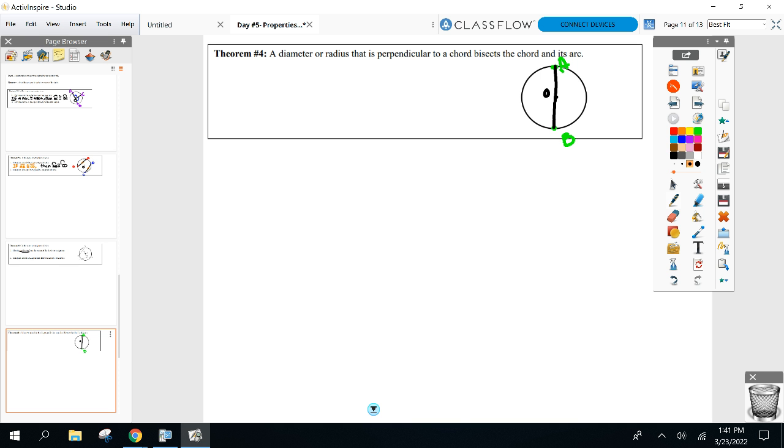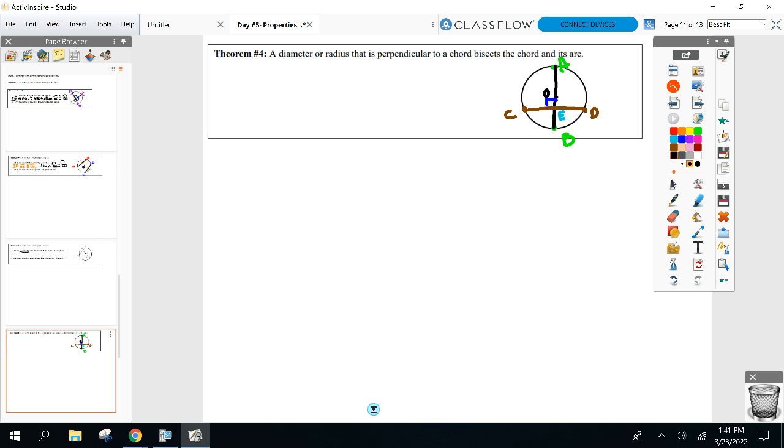So draw yourself chord CD, make it look perpendicular. Forms a right angle to AB. And how can you show it's perpendicular? Right angle symbol. And put an intersection point, E, where the chord and the diameter meet.